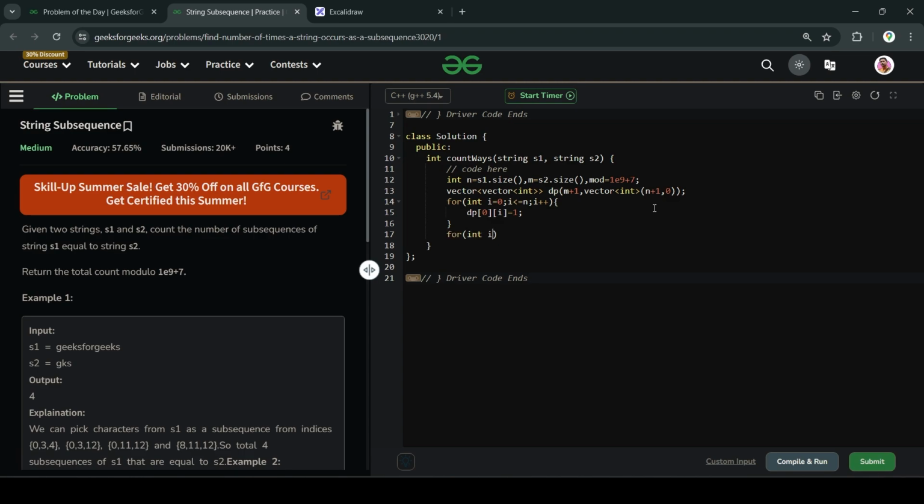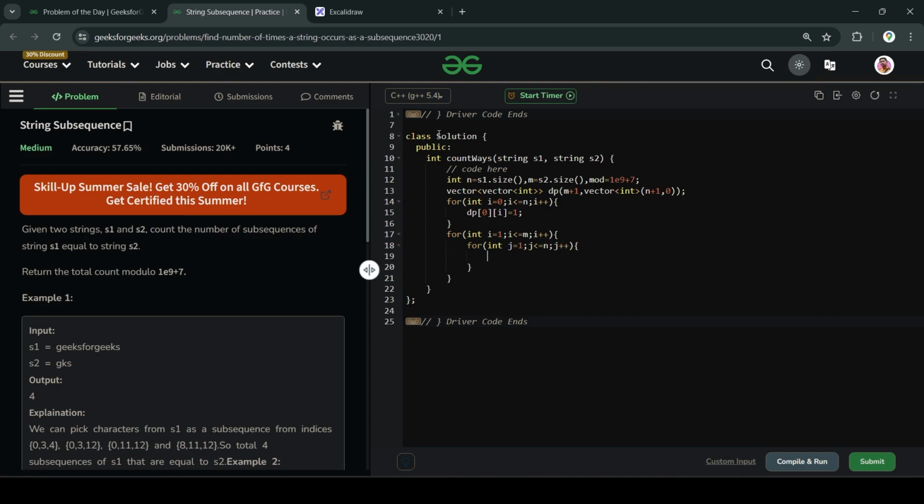Now let us calculate for the intermediate values. So for int i equal to 1, i less than or equal to m, not n, sorry, it will be m, i plus plus, and j equal to 1, j less than or equal to n, j plus plus.